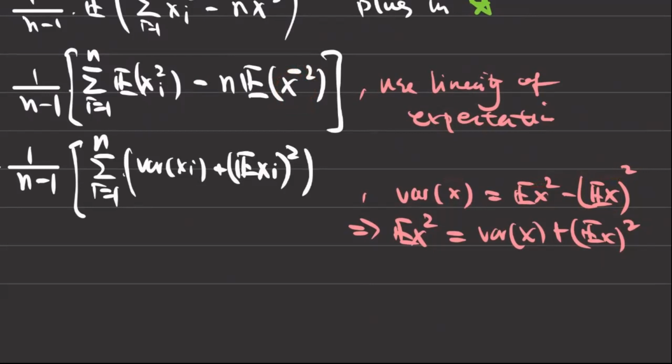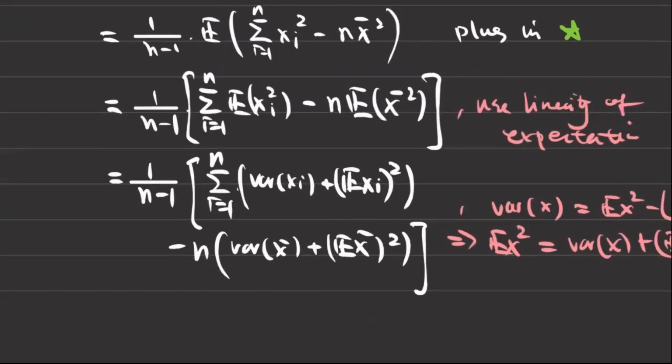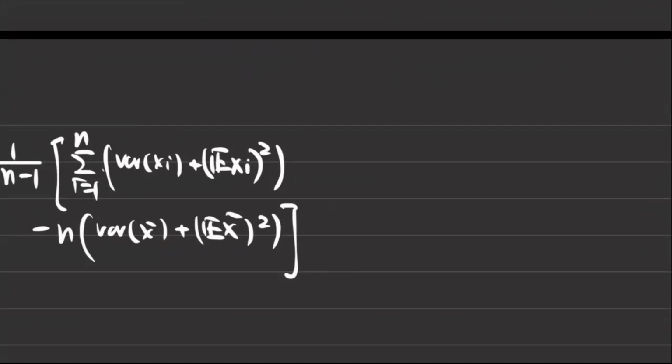So let's continue. Here we have subtract n, parentheses, variance of x bar plus expectation of x bar, in parentheses, squared, close big bracket. So that's what we have so far. Now from here, things are about to get very interesting. So let's take some notes on how we can simplify these complicated terms, right?